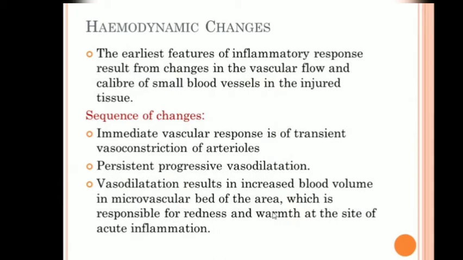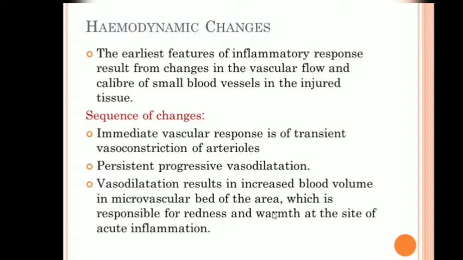Coming to hemodynamic changes, this is the earliest feature of the inflammatory response that results from the changes in the vascular flow and the calibre of small blood vessels in the injured tissue.